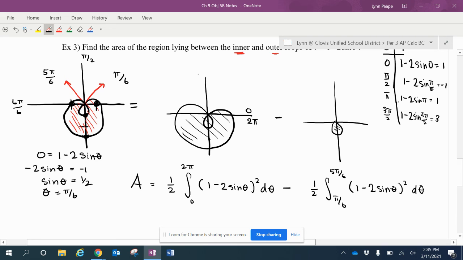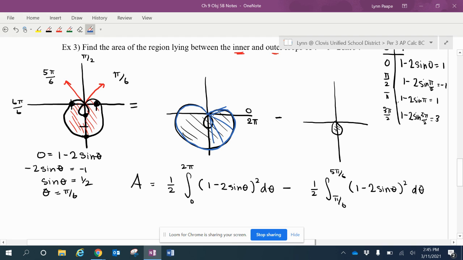One of the things you have to keep in mind is that when this is drawing out, when I go from 0 to 2 pi, it first draws this one section right here. And when it draws that section, it's finding the area from the pole.